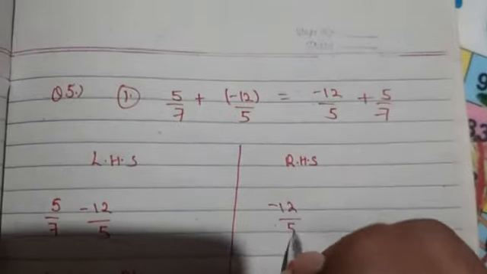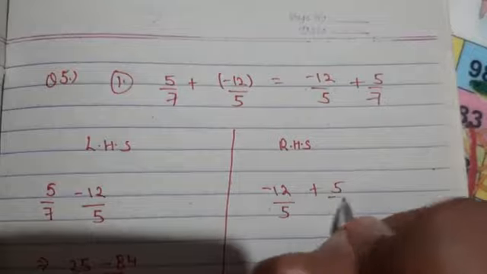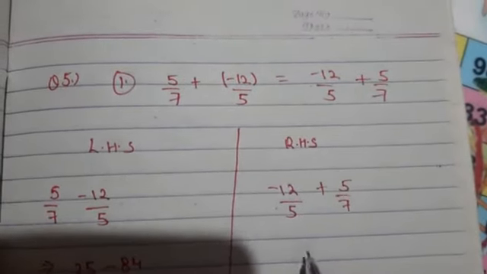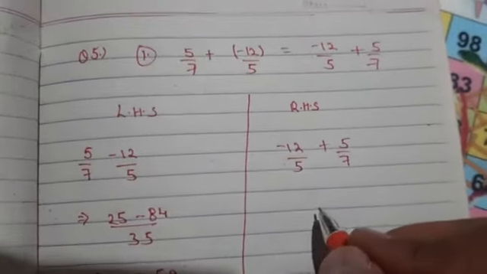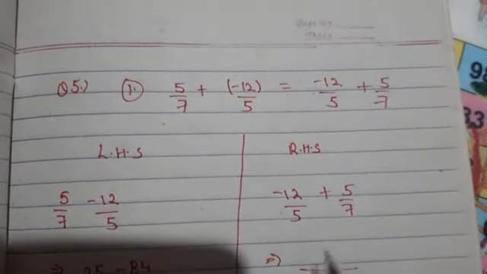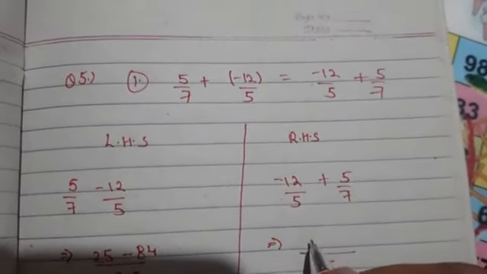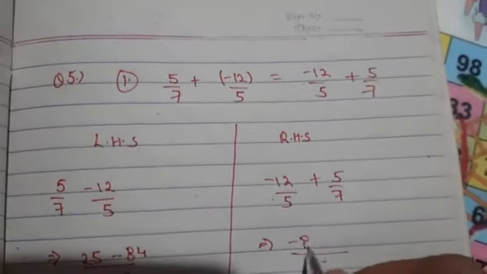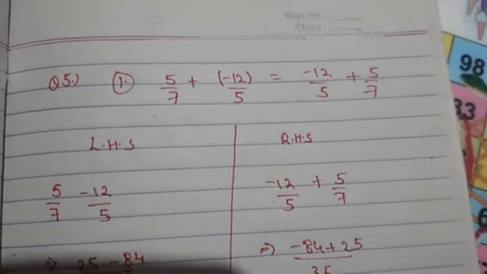Now solve the RHS. Minus 12 upon 5 plus 5 upon 7. Take the LCM, it will be also 35 only. So 12 into 7 is 84, minus 84 plus 25.